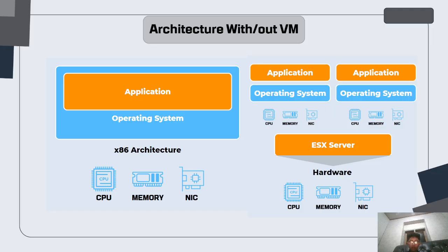So the conclusion is, a virtual machine is like making a PC inside the PC. For the PC, you can see the hardware components, and then the hypervisor, and after you install the hypervisor, you can make the virtual machine.